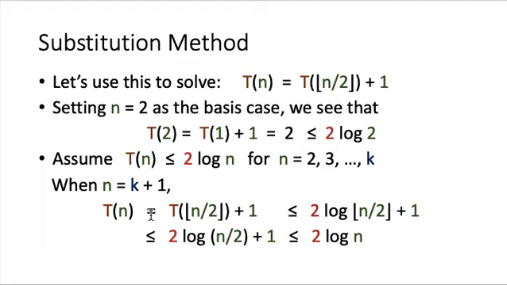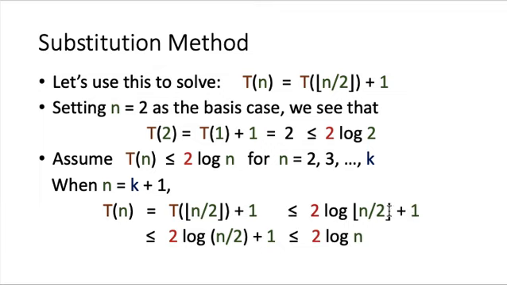But knowing that after taking the floor of n over 2, we will have a value strictly less than the original value, T of n over 2 follows the assumption, which says this will be less than or equal to 2 times log of this number. So we substitute the assumption here, and we find that T of n over 2 is less than or equal to 2 log n over 2, and then the plus 1, we copy it.